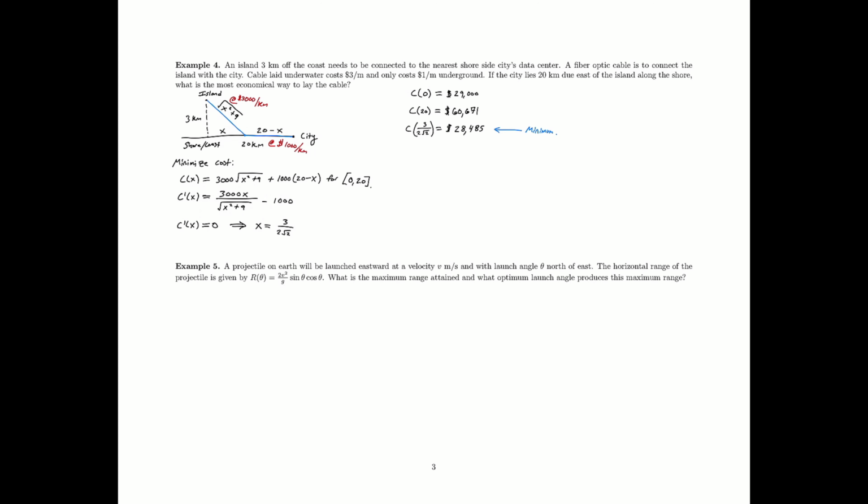So lay cable underwater to a point 3 over 2 root 2, which is approximately 1.06 kilometers due east on the shore, then continue underground.